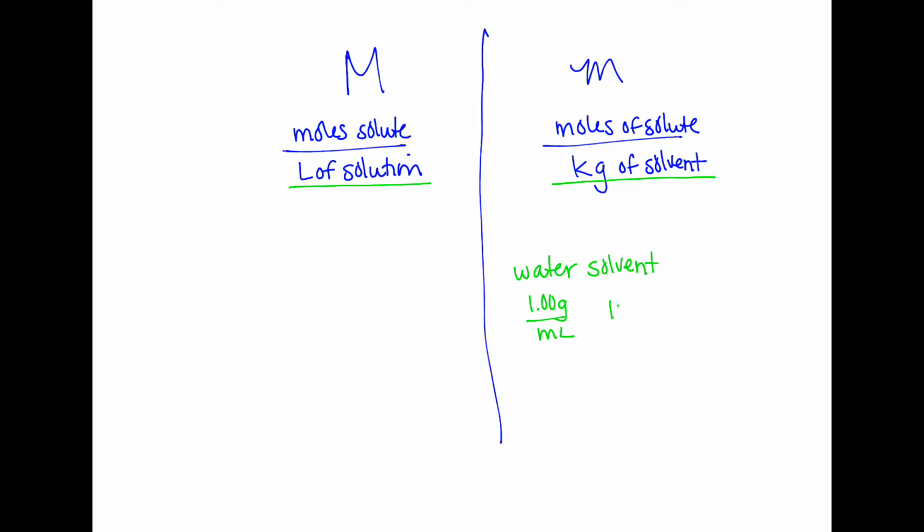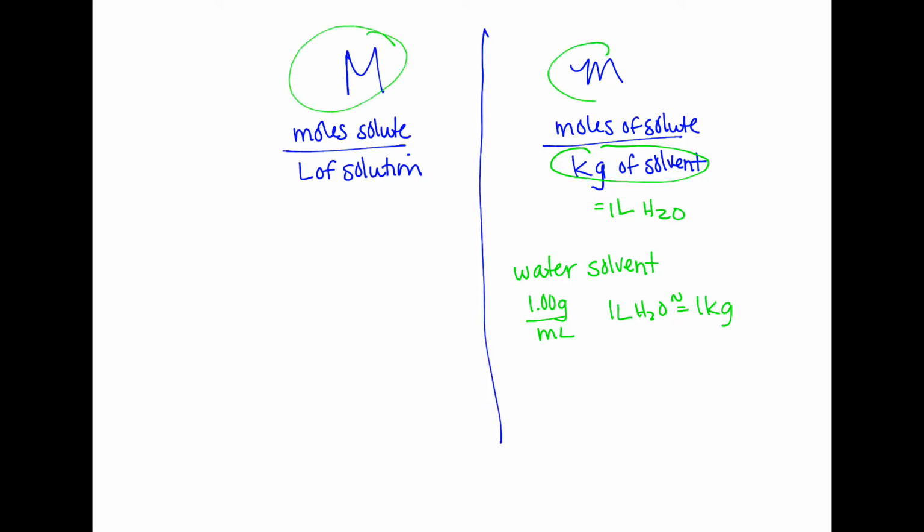So 1 liter of water is about equal to 1 kilogram. So if you're making your solutions with water, which we are most of the time, and you're at about room temperature, which we are most of the time, 1 kilogram of water is going to equal 1 liter of water.